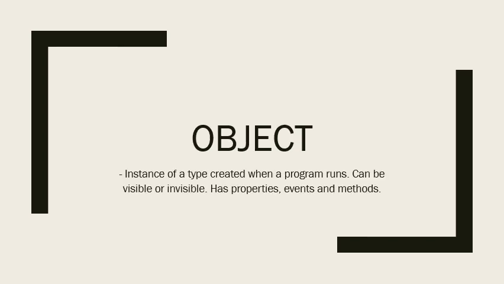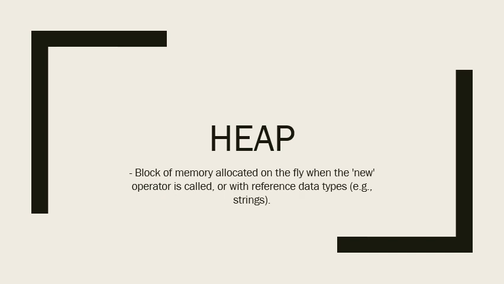Object, instance of a type created when a program runs, can be visible or invisible, has properties, events, and methods. Heap, block of memory allocated on the fly when the new operator is called, or with reference data types, in other words, strings.